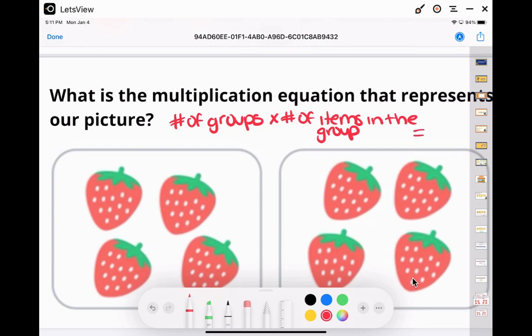And then that was going to give us our total. Therefore, for this particular problem, our number of groups is 2. There are 4 items in each group, and we have a total of 8 strawberries.